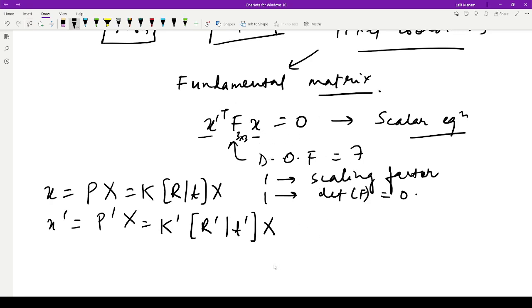How many point correspondences x and x prime do you need?